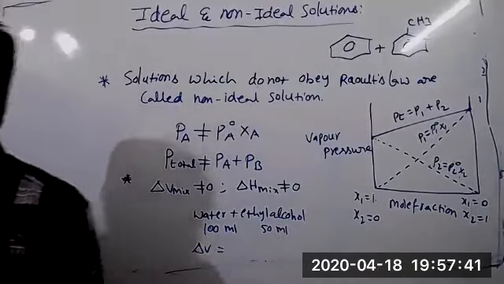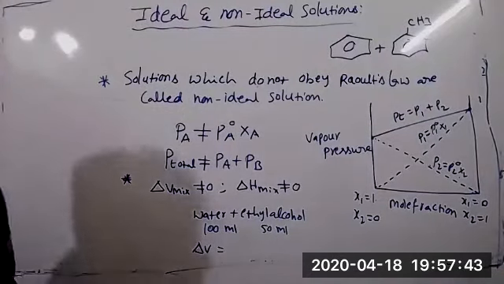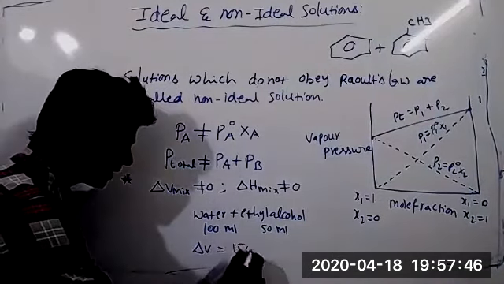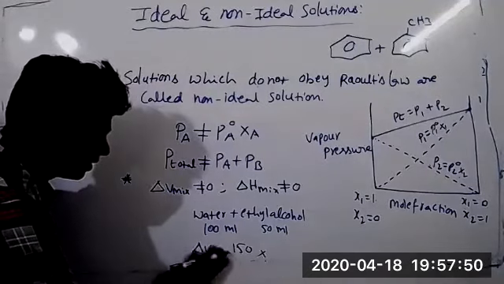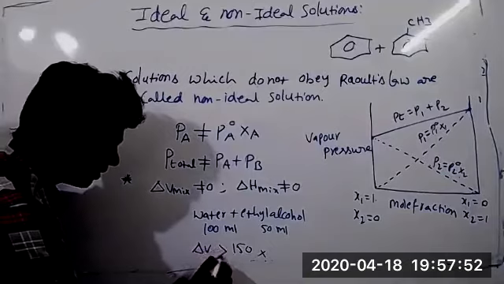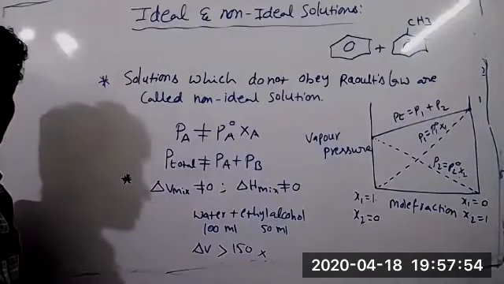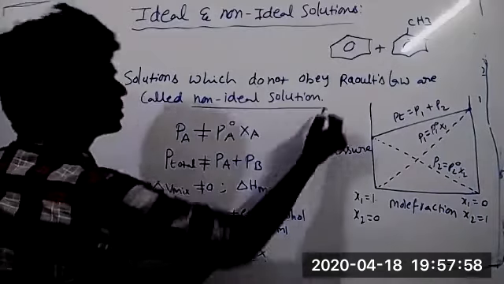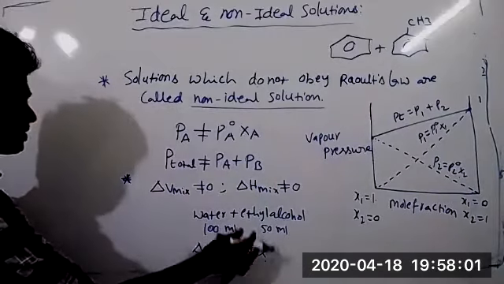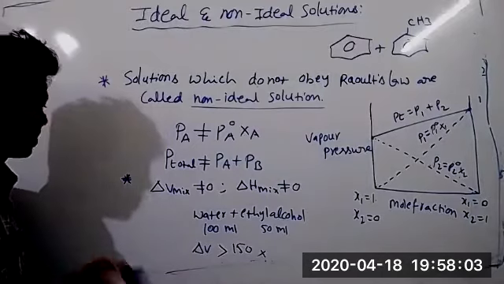Generally we expect the total volume to be 150, but it is not 150. It is more than 150. Delta V greater than 150 will come. That's why this comes under non-ideal solution. Even enthalpy also, I think here we can't observe heat released or absorbed.